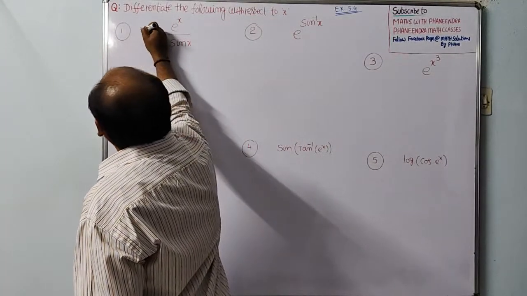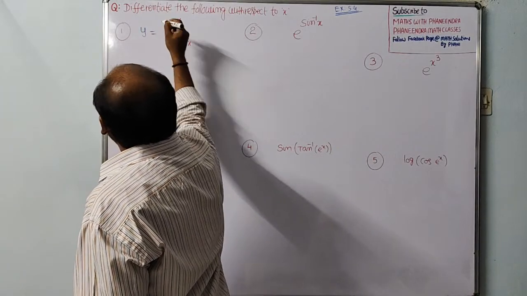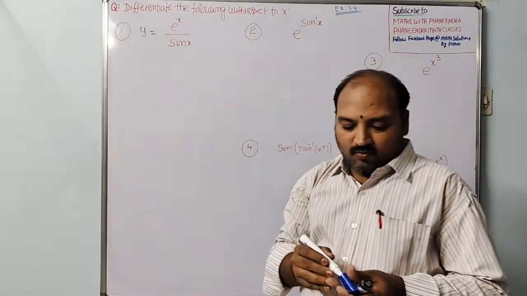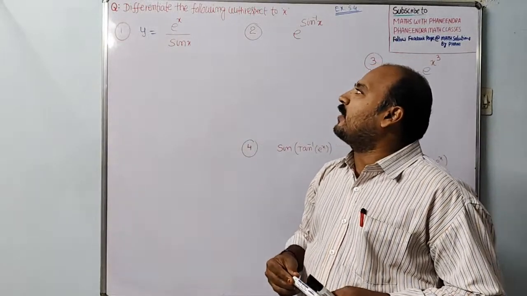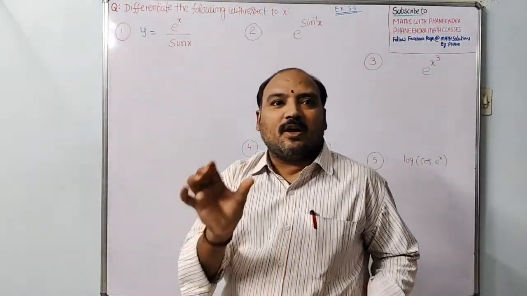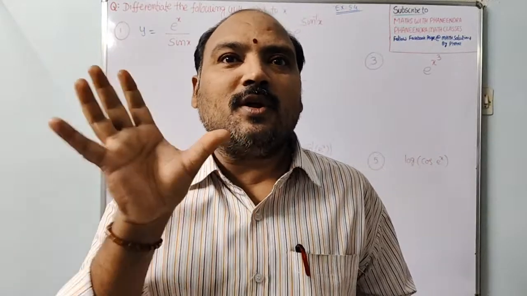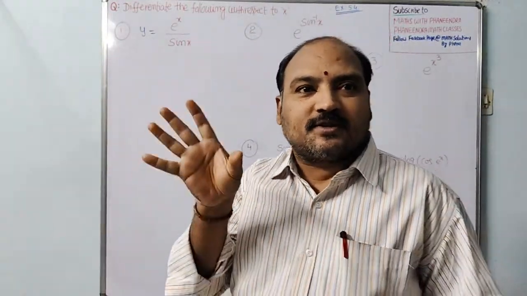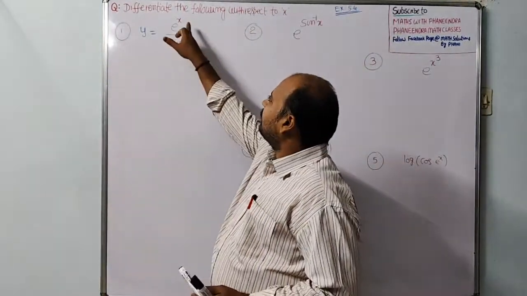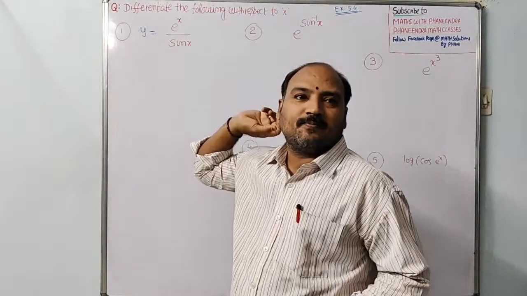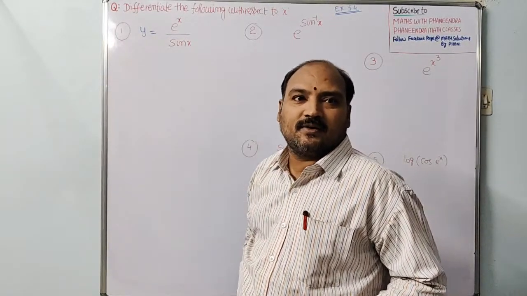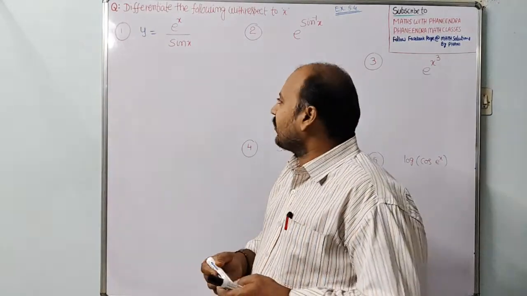First, assume that y is equal to e power x by sin x. Differentiate the following functions with respect to x. This is in the form of u by v. So how to differentiate?